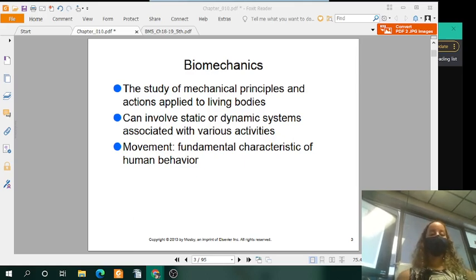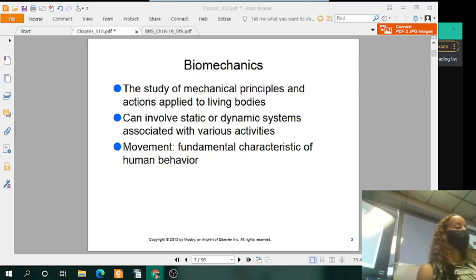There we go. Okay, so on 469, static movement is, static biomechanics is non-moving parts. Dynamic, we're talking about moving aspects or activities.